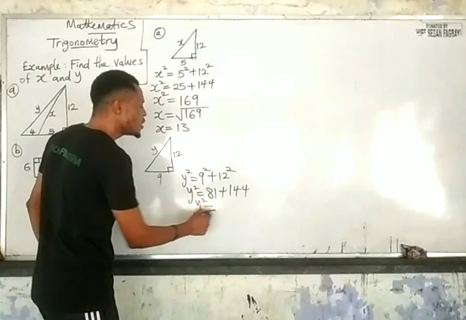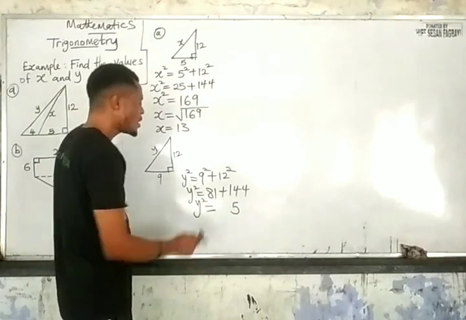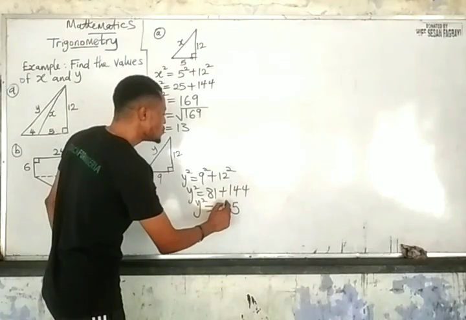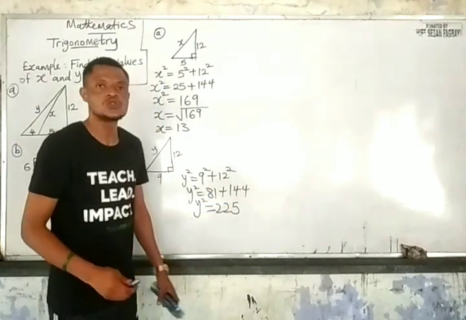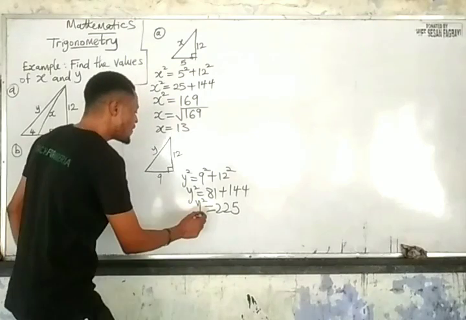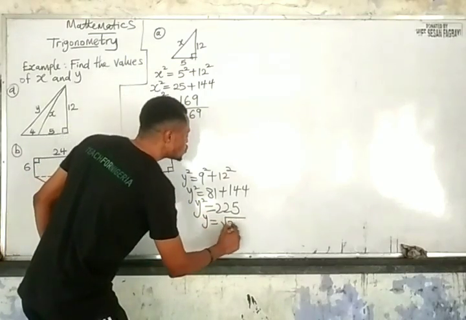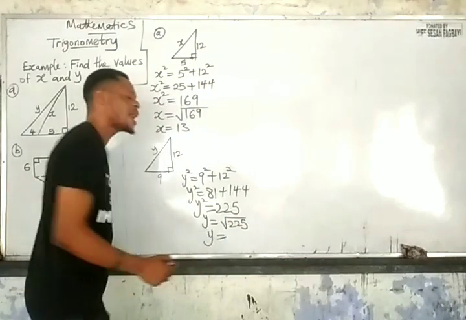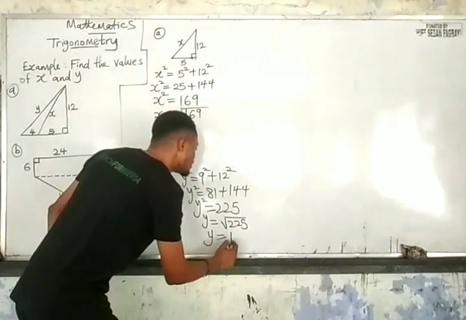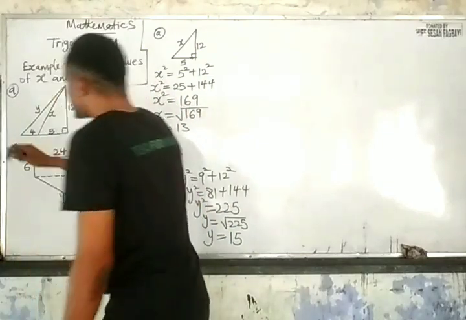Y squared is going to give us 225. Then finally, to get our y, is going to result in the square root of 225. So y is going to end up to be 15. Easy.